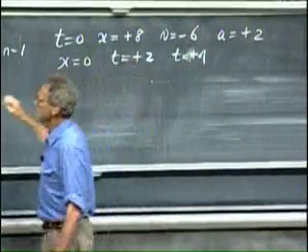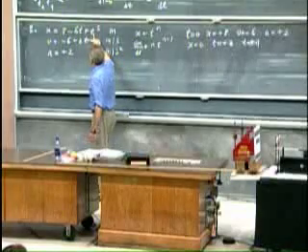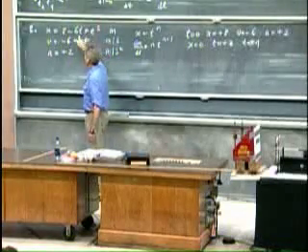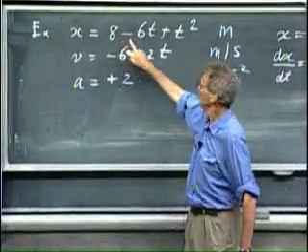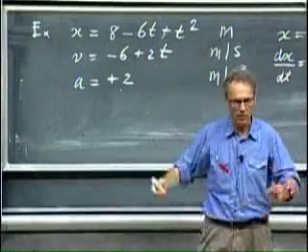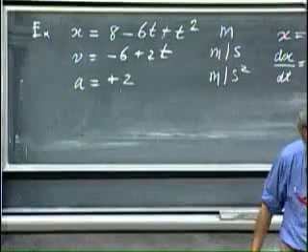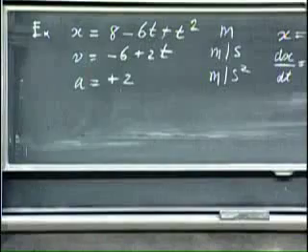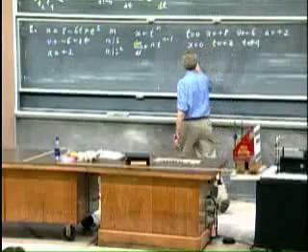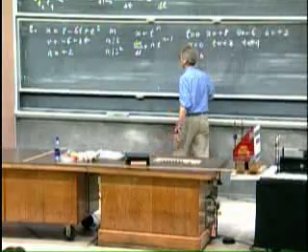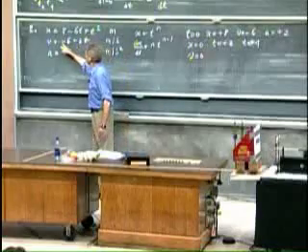Take the plus 2, that makes this 4. 4 plus 8 is 12, minus 6 times 2. That's 0. So you see the 2 works, and you check that the 4 also works. Just for my curiosity, when is the velocity 0? Oh, that's easy. That's when this equation is 0, so that's when t equals 3.